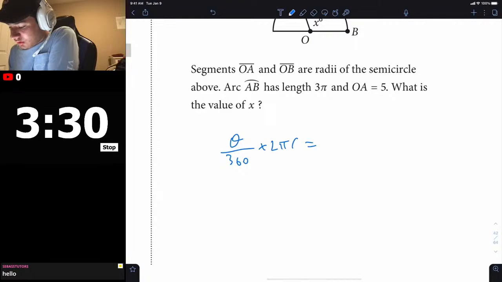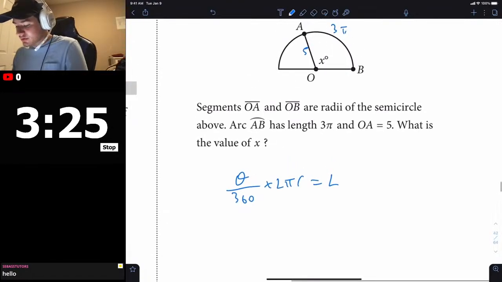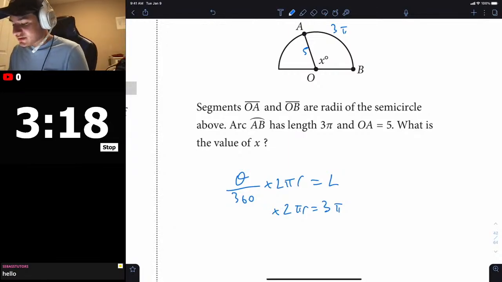And that's going to equal our arc length. In this case, our arc length, they tell us, is 3 pi. So we can plug that in for L. So 2 pi r. And then theta in this case is this x right here that we're looking for.